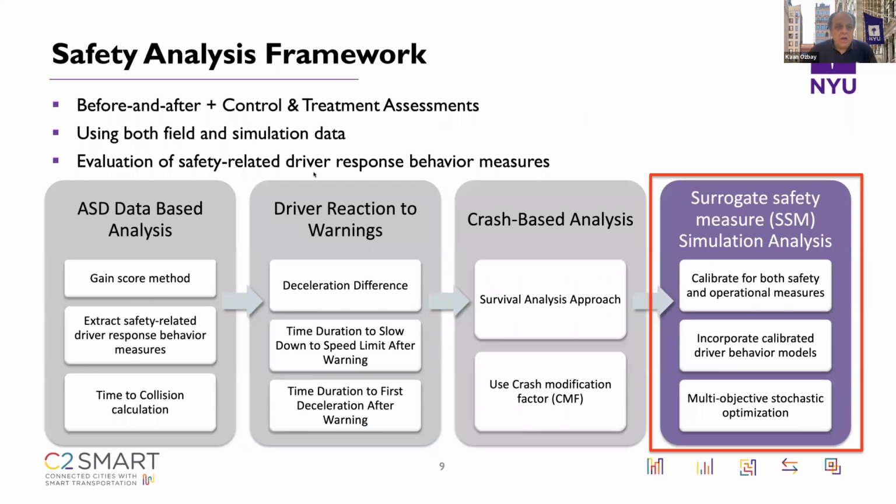So the safety analysis, which is the main topic of today, looks at before and after the deployment of these apps, basically to understand if, when you have an app that gives you, for example, forward collision warning, it really improves safety. To do that, we had to define a control group and a treatment group.